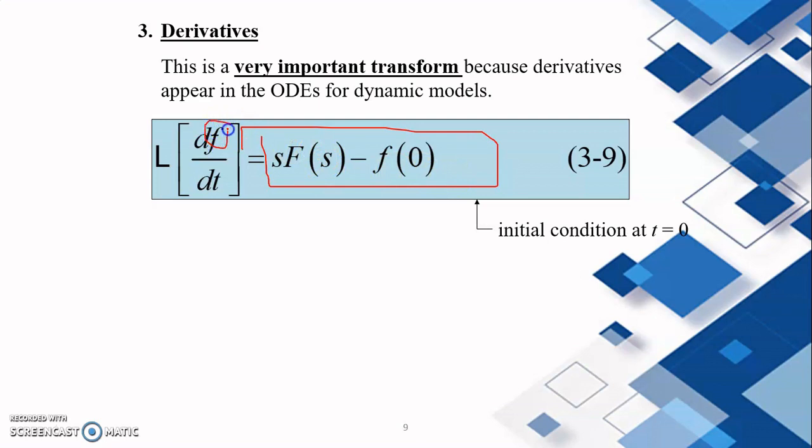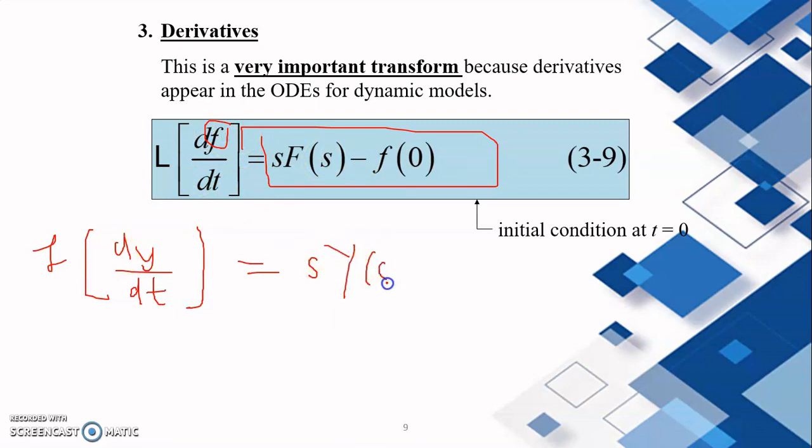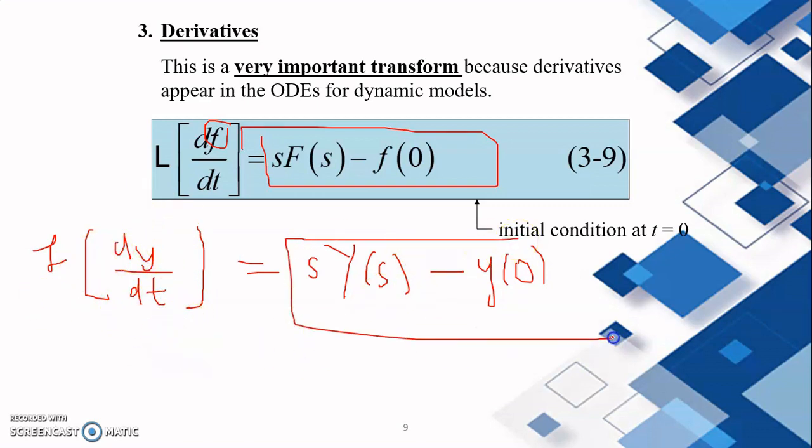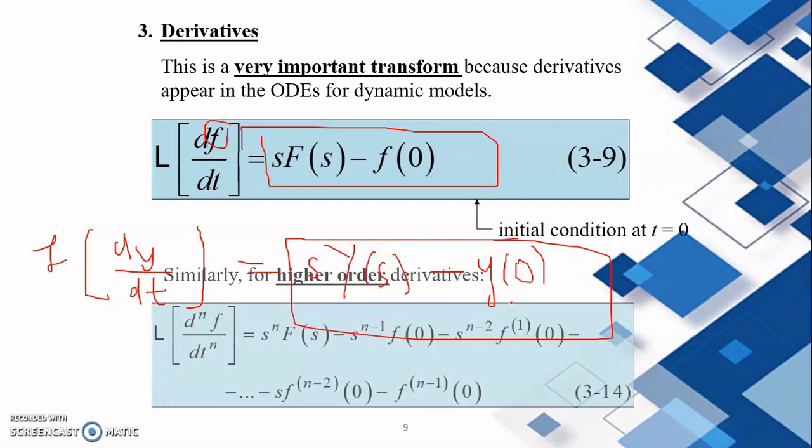In this case, it uses f, but in your case just now, it uses Laplace of dy per dt. So you just follow how it writes the expression. Put s, and if this one uses f, you use capital Y, and then put s, and again minus f at 0, you put y(0). This is how you expand the expression from the question previously. So for dy over dt, this is how we write. Simple, very simple.